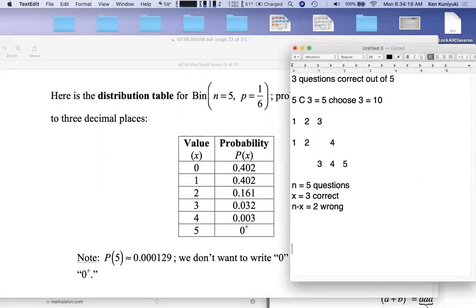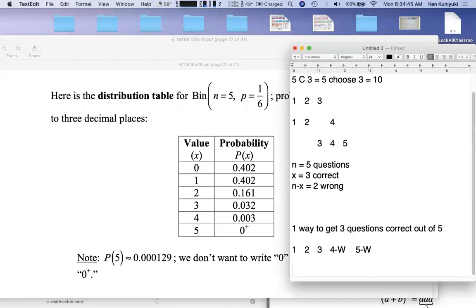Okay, so let's take a look at one way to get 3 questions correct out of 5. One way is you get the first correct, the second correct, and the third correct, whereas number 4 and number 5 are wrong.